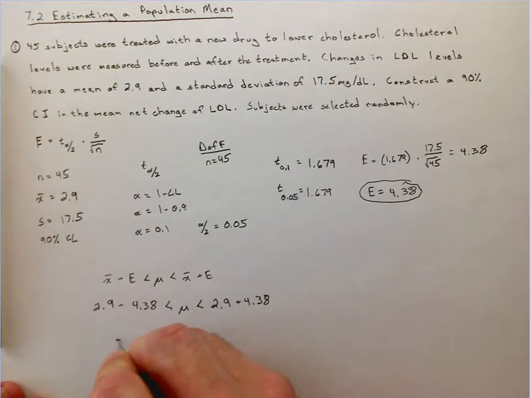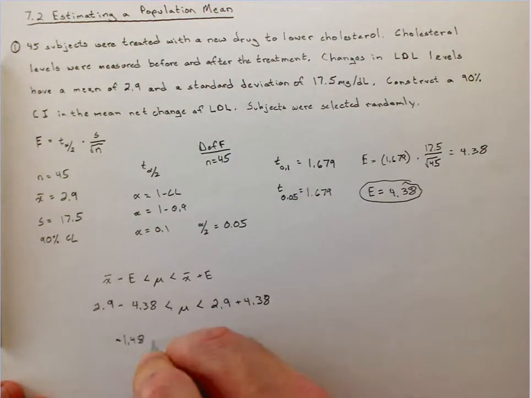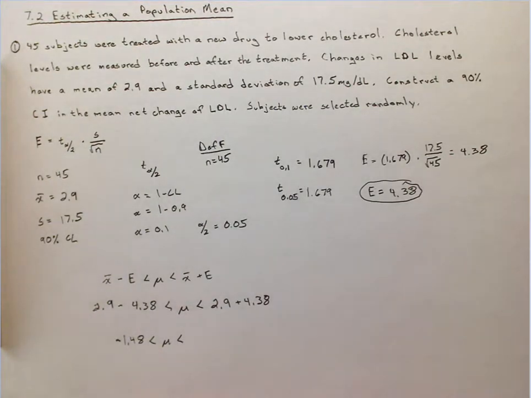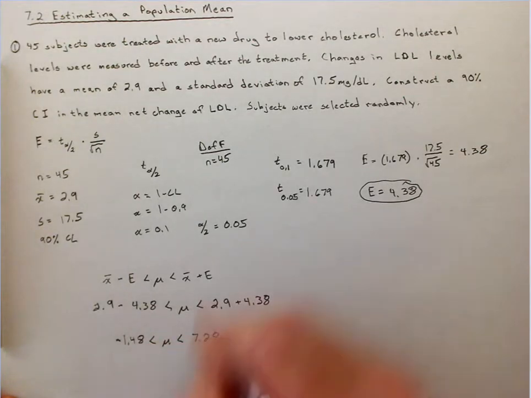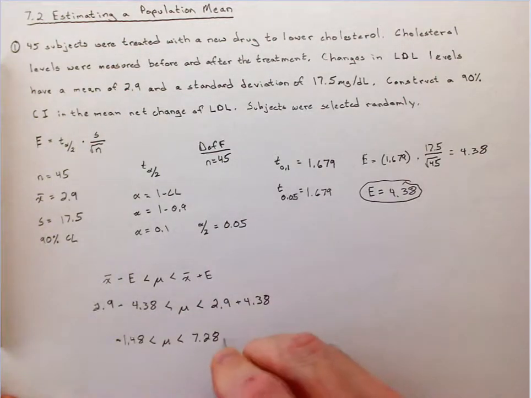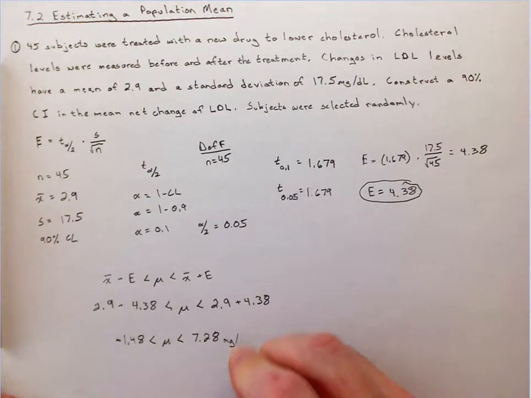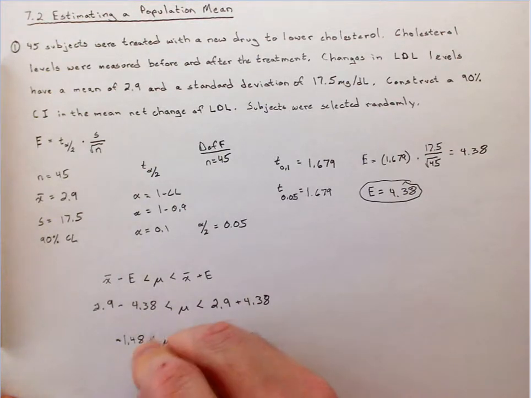Get a negative 1.48 < mu < 7.28, and then within your problem we should include the units, so that would be milligrams per deciliter.